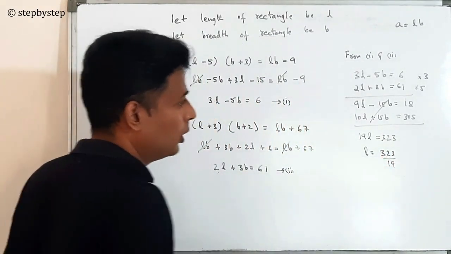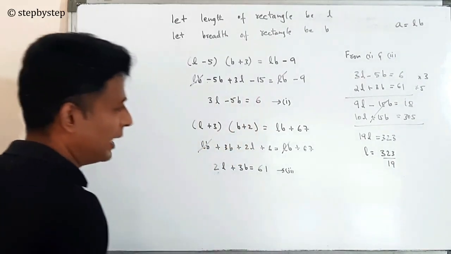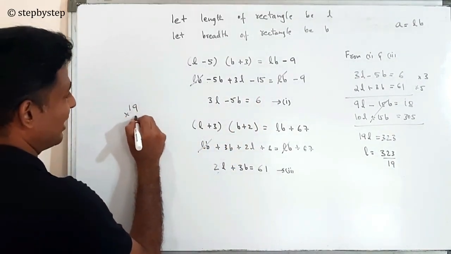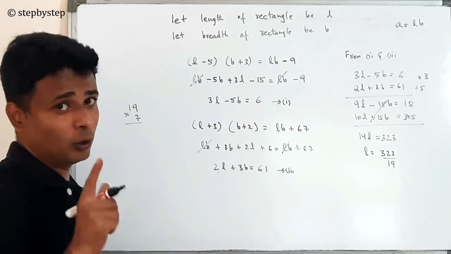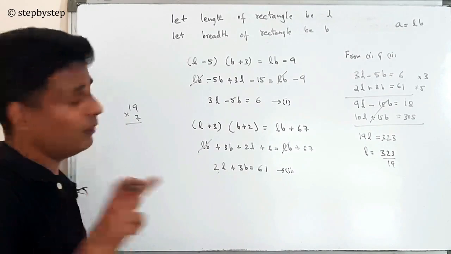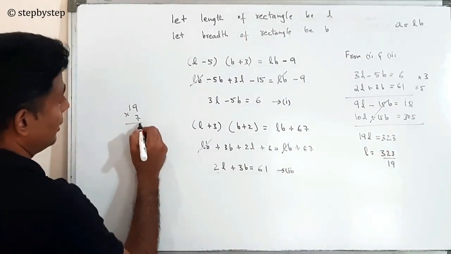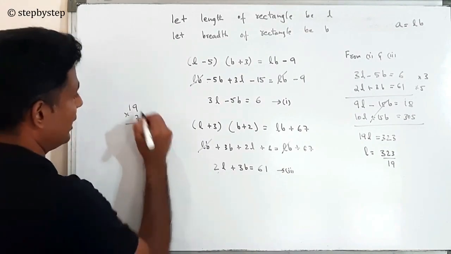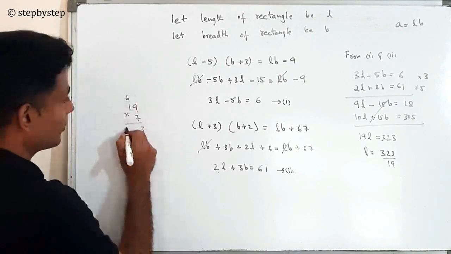Now how do we know? If I multiply by 10, 190. So I'll do 19 into 7 and check. Why? Because it's ending with 3, no? So 9 into 7 is 63. Only when you multiply with 7 will a number end in 3.